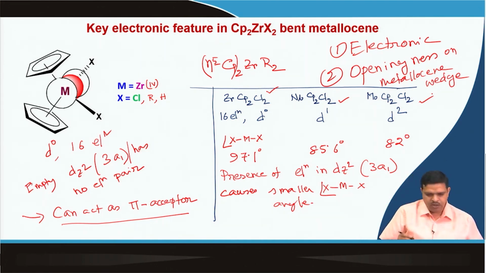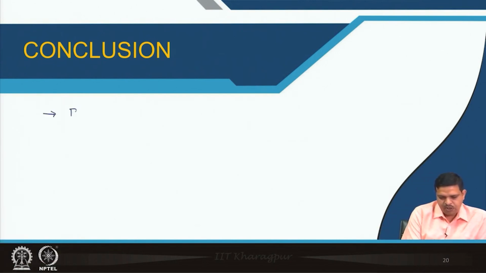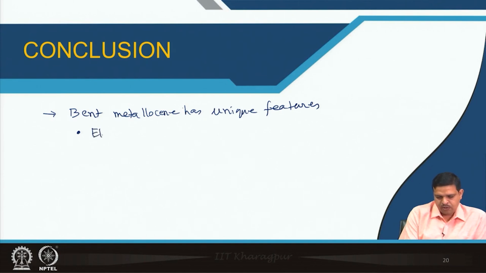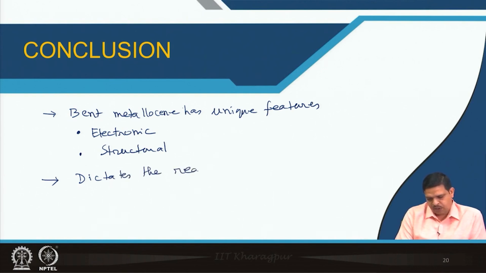Okay. So, in conclusion, we discussed in this class that bent metallocene has unique features, electronic and structural, and these unique features dictate the reactivities.